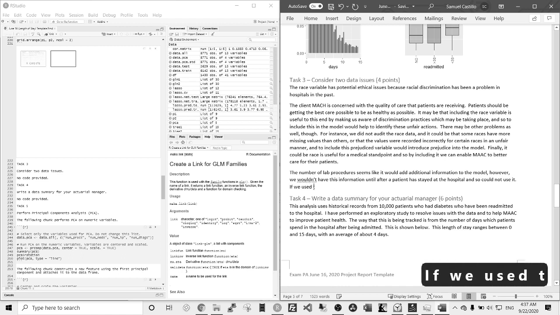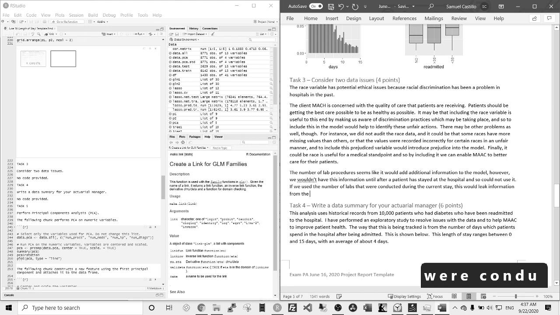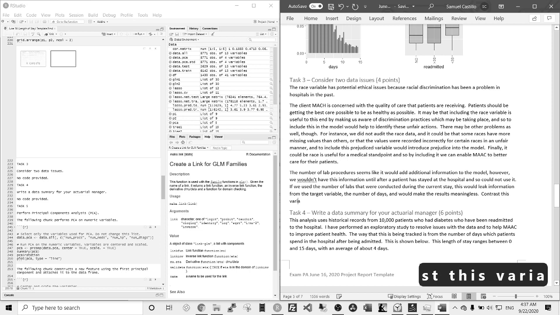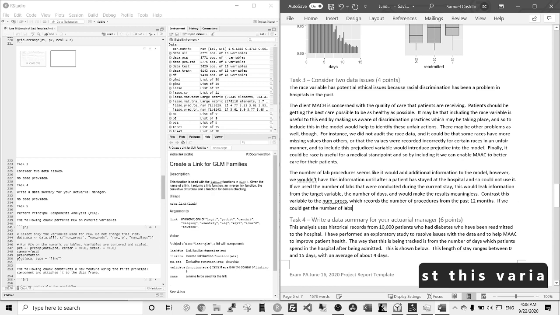If we used the number of labs that were conducted during the current stay, this would leak information from the target variable, the number of days, and would make the results meaningless. Contrast this variable to the number of procs, which records the number of procedures from the past 12 months. If we could get the number of labs which occurred in the past 12 months, then this would be useful.